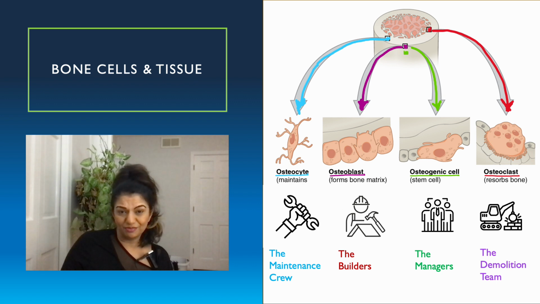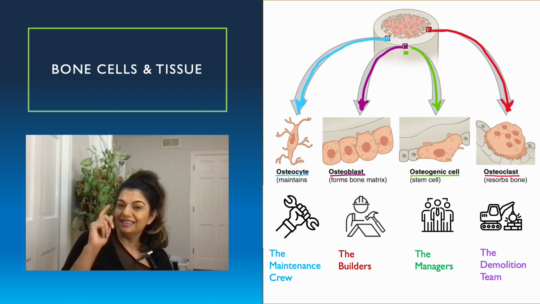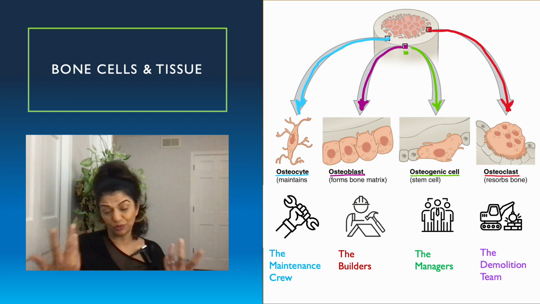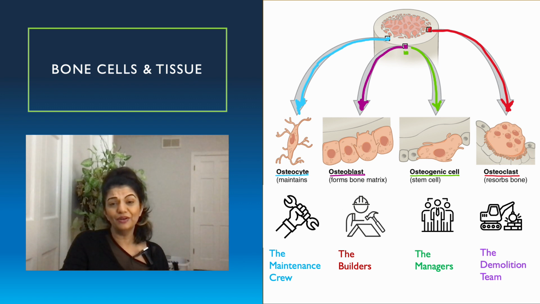So osteoclasts break down old or damaged bone and make room for new bone, which allows osteoblasts to come in and build. Now, the important thing is as they do that, they release calcium into the bloodstream when needed. So these are the four types of bone cells and tissues that you'll find in the body.